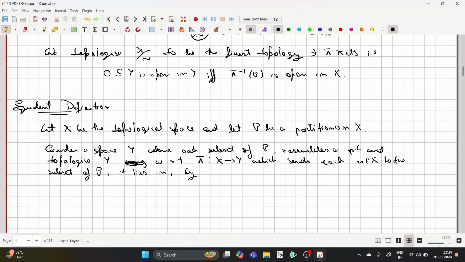How do we topologize? It is exactly the same, by the finest topology such that pi is continuous, which means that a subset is open in Y if and only if the inverse image of that subset under pi is open in X.